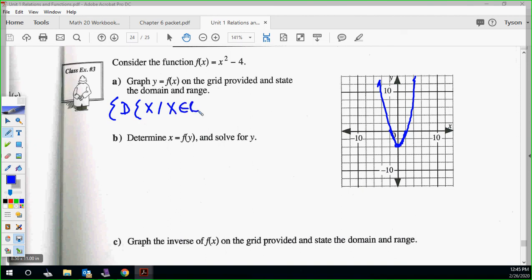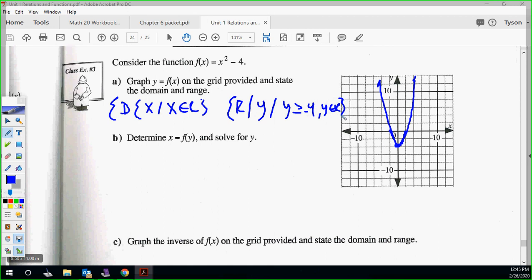Domain is all reals. The range is y greater than or equal to negative 4, not 2. I still mess up on the scale. Really don't like that. Okay, y is greater than or equal to negative 4 is your range.